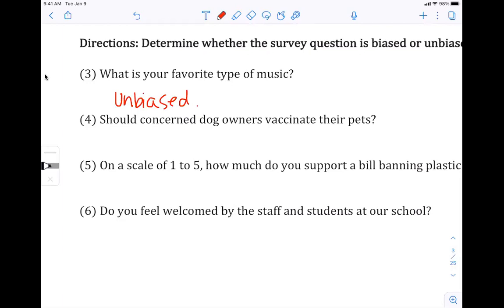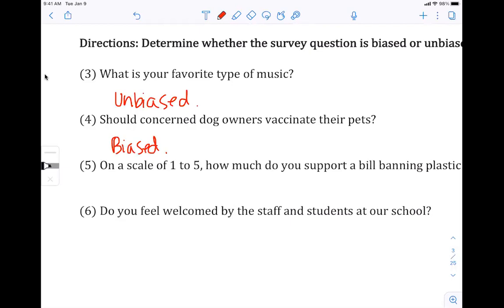Okay. Now, something that would be biased would be if you asked the question, how awesome is country music? You're implying that they're supposed to answer that country music is awesome when not everyone thinks that way. So that would be an example of a biased question. Kind of like number 4, actually. Number 4, I would say, is biased because the question is, should concerned dog owners vaccinate their pets?